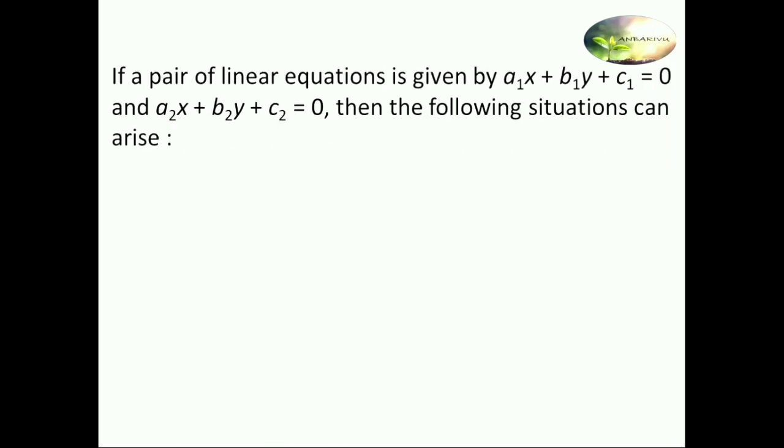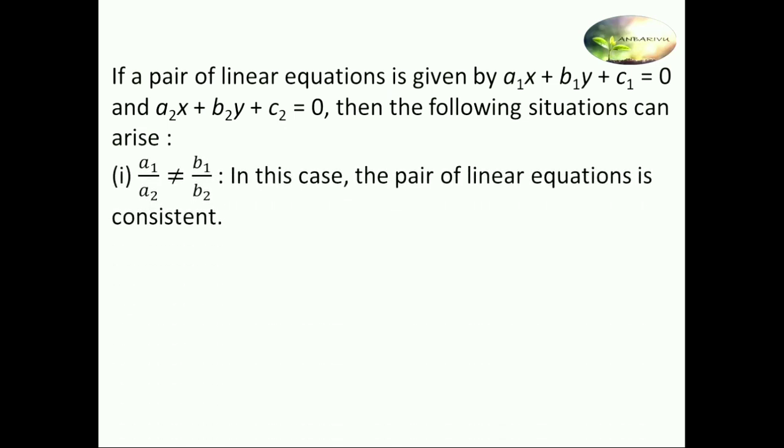If a pair of linear equations is given by a1x plus b1y plus c1 equals 0 and a2x plus b2y plus c2 equals 0, then we can get the following situations by comparing the coefficients of x, y and constants.